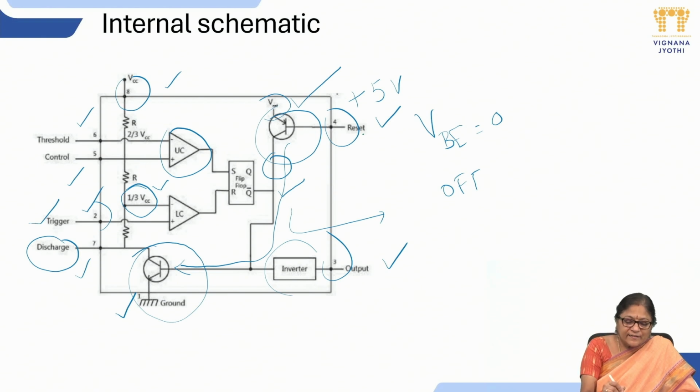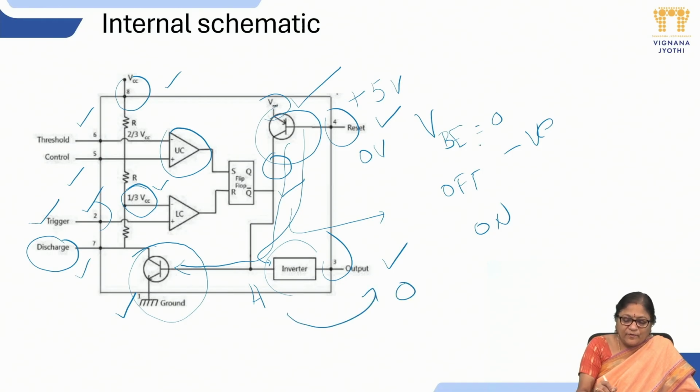Suppose I connect reset to 0 volts, then the VBE between base and emitter will be negative. Then the transistor will be on. Then this reference voltage is connected directly to the inverter. So it is a high voltage, and it makes your inverter output 0.